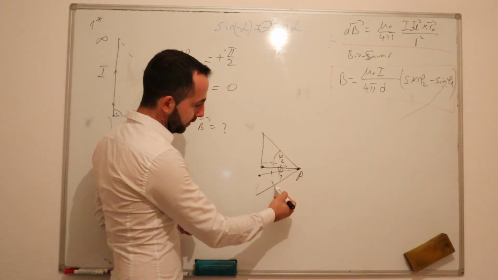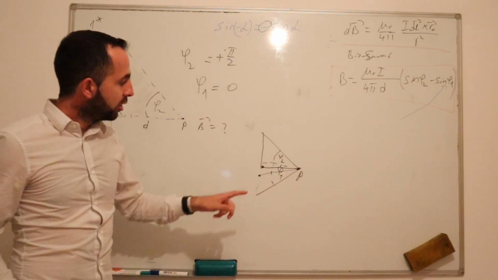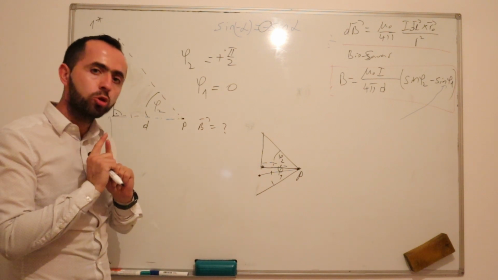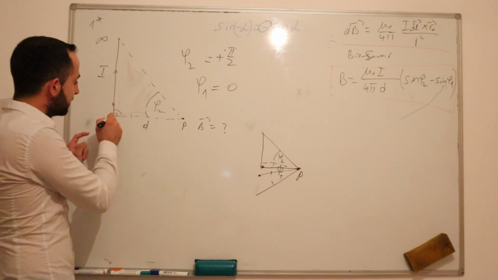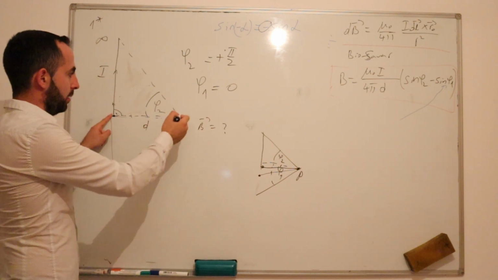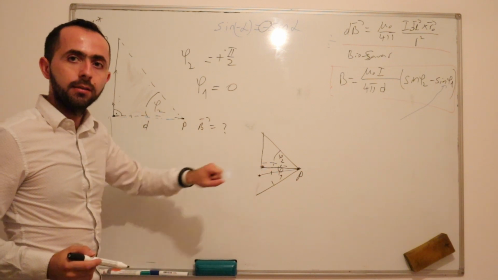So my first angle is this, then this, then this. We can conclude that this angle tends to 0. So when it's completely parallel at the beginning of this conductor, the angle is 0.